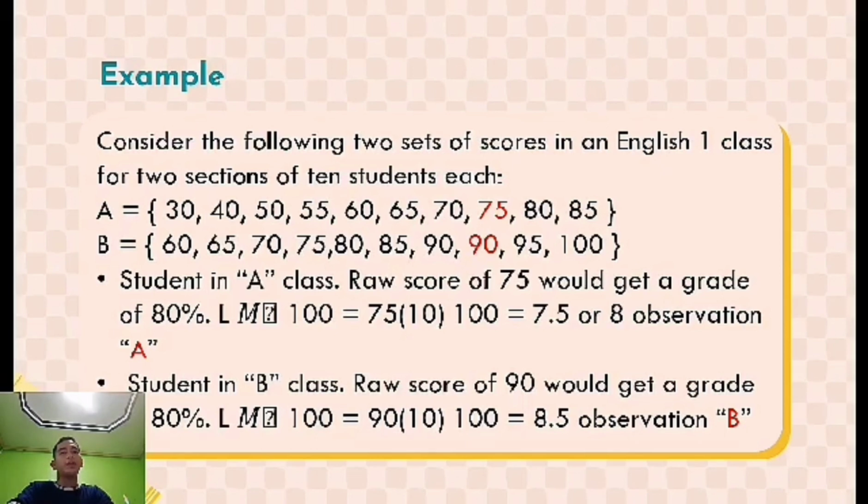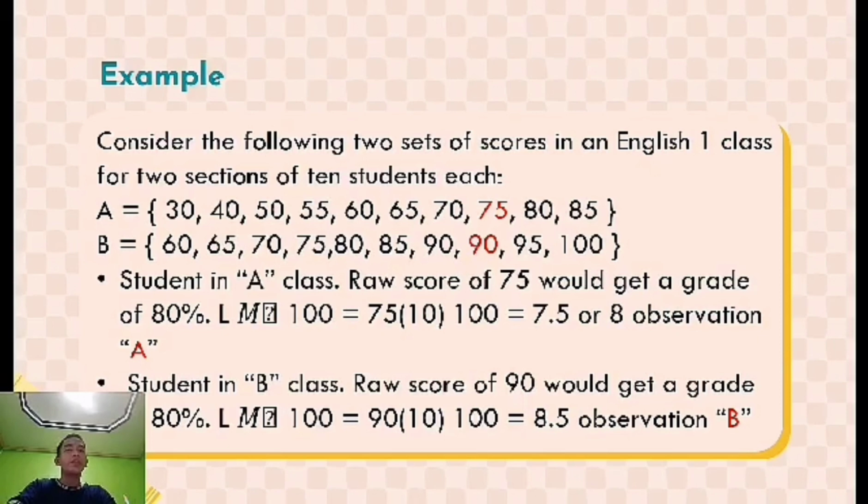And a student in class B got a raw score of 90 and would get a grade of 80%. Because the score is 90, multiplied by 10 and divided by 100, so 8.5, so 80%.